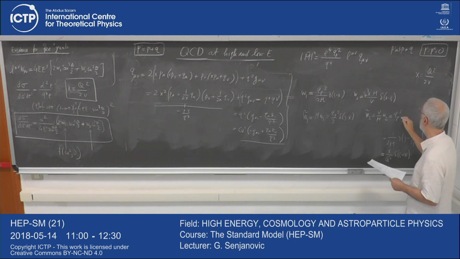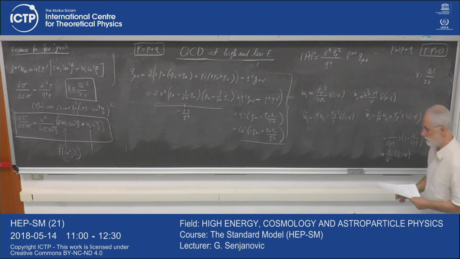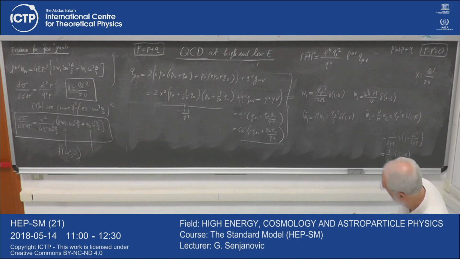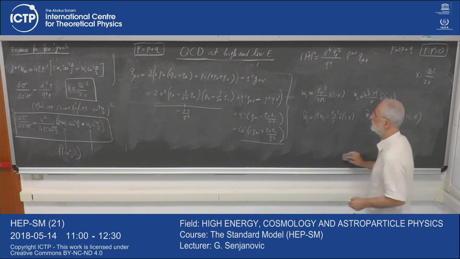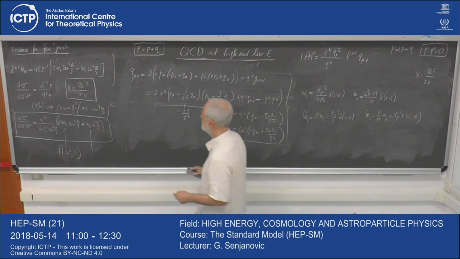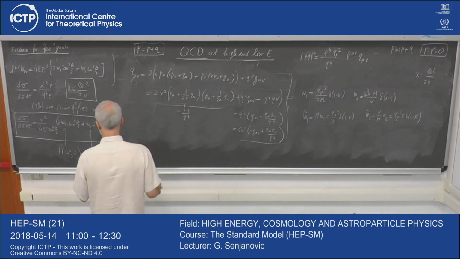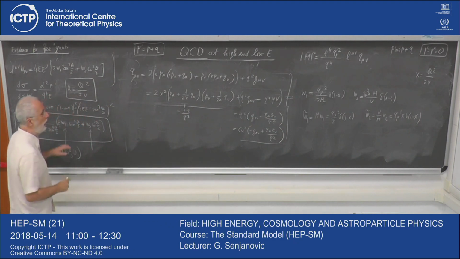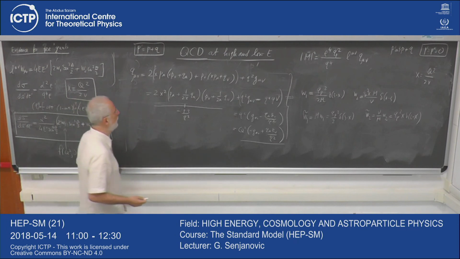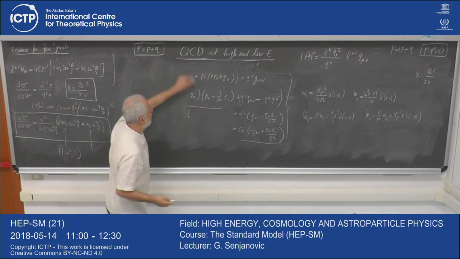This is qp squared times x delta of c minus x. This is what we got. See, we now have W1, W2, one gets the usual scattering.